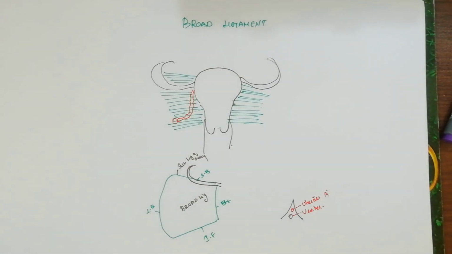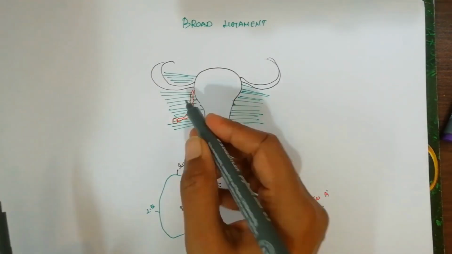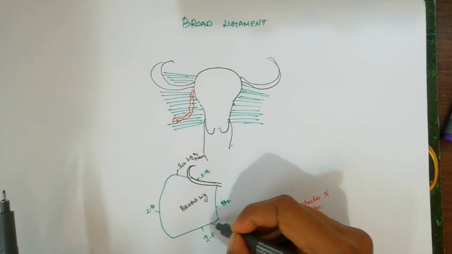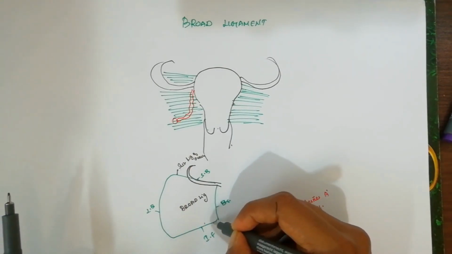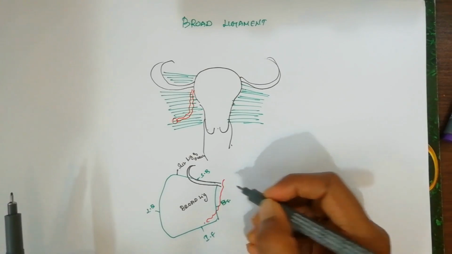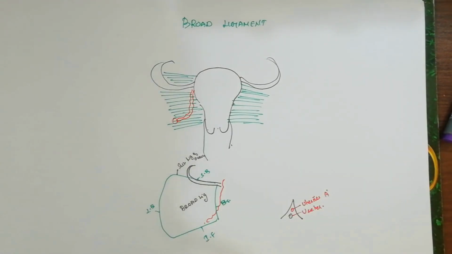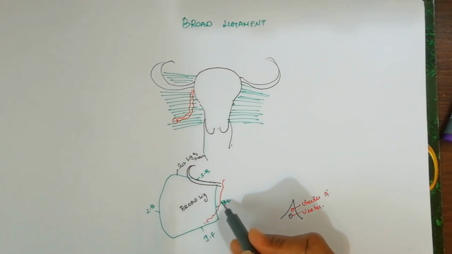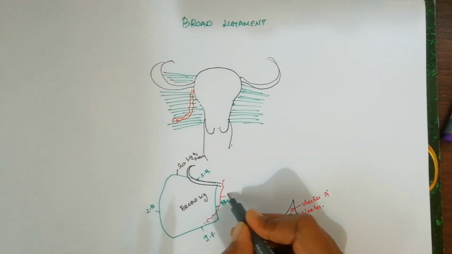These are the 2 structures which are going to pass through the inferior splits. Now we have the medial border. In the medial border we have our uterine artery passing. From the inferior border it is emerging upwards towards the medial border of the broad ligament. So the medial border is related to the uterine artery.